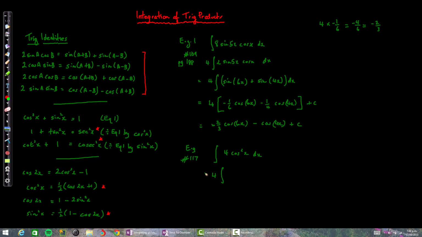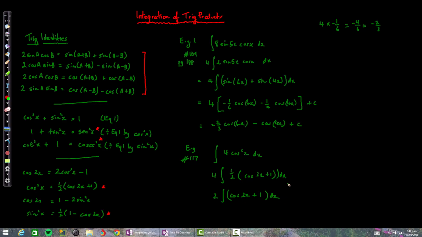So according to our identity, it should be a half, and let me just tidy that up. Yes, I do need the bracket. Cos 2x plus 1. Right, let's tidy this up. 4 times a half is 2. I'm going to put that 2 at the front. And then it's going to be the integral of cos 2x plus 1 now.